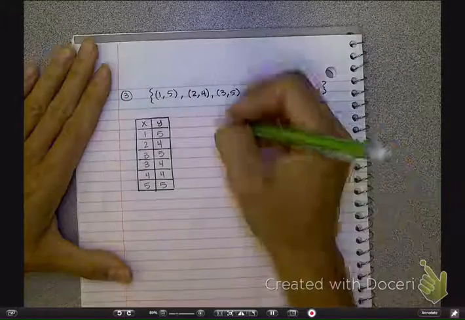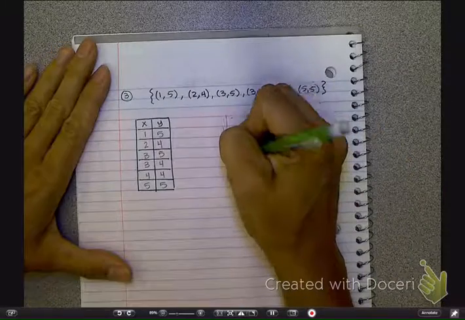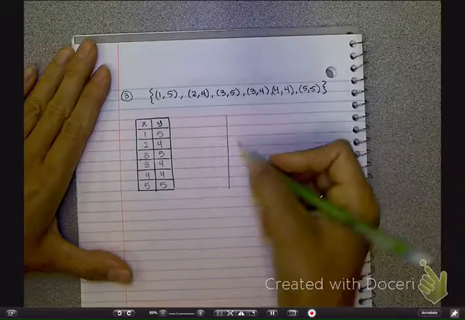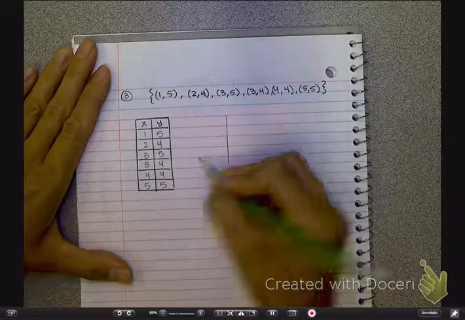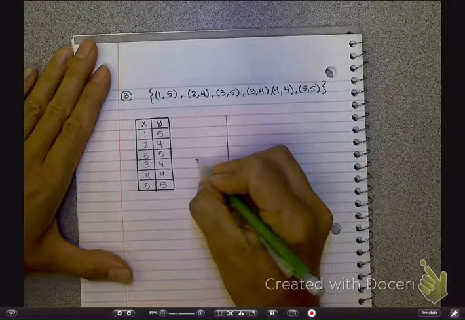Let's go ahead and draw a graph. Try when you guys are drawing this graph to make your spacing even. If you don't make it even, it's going to come out kind of funky looking.